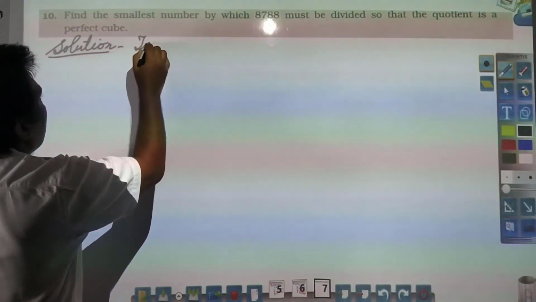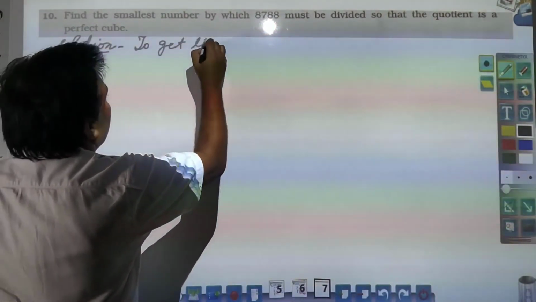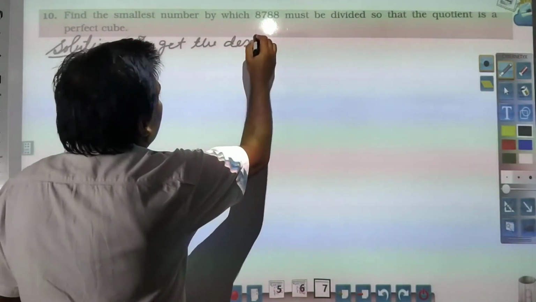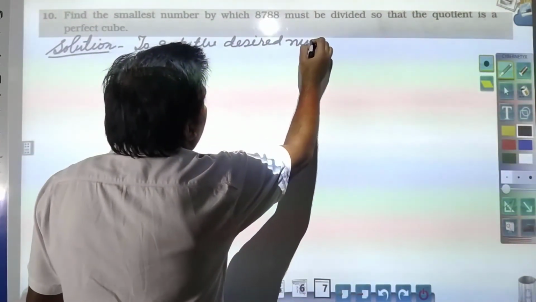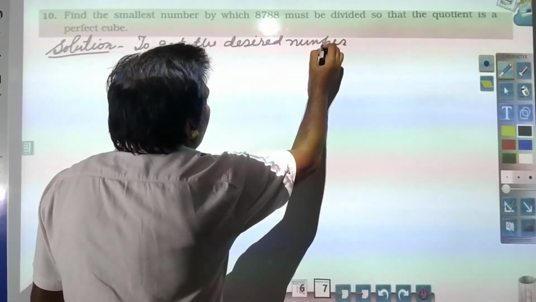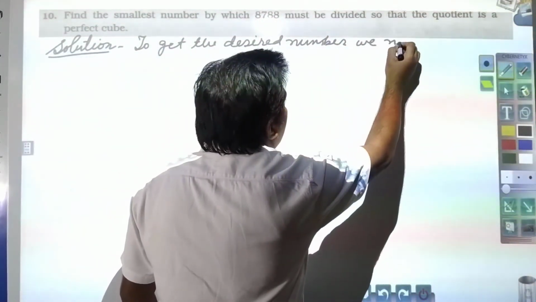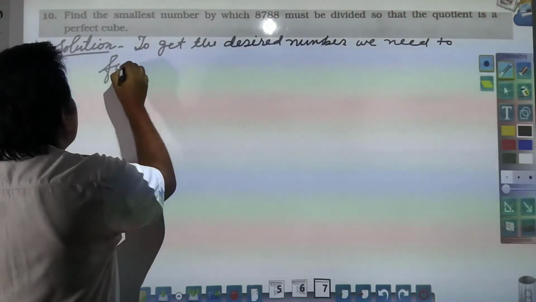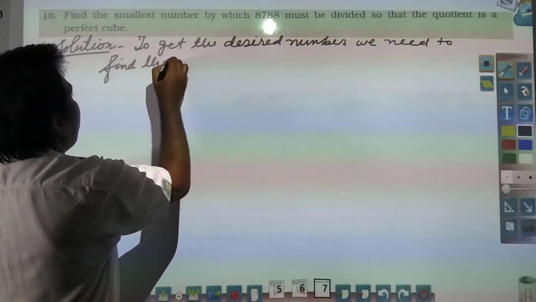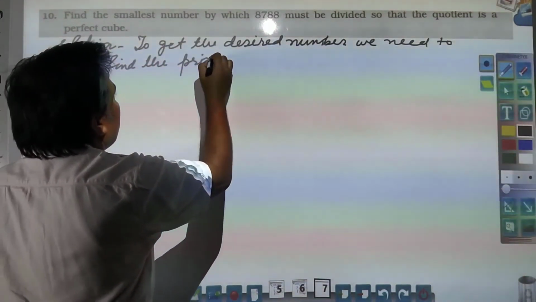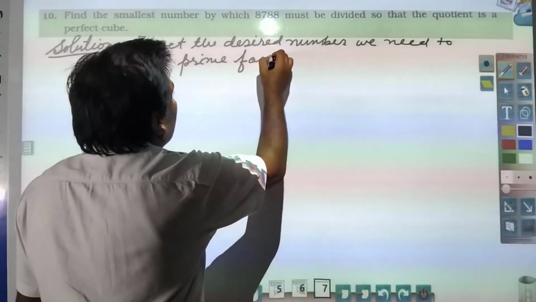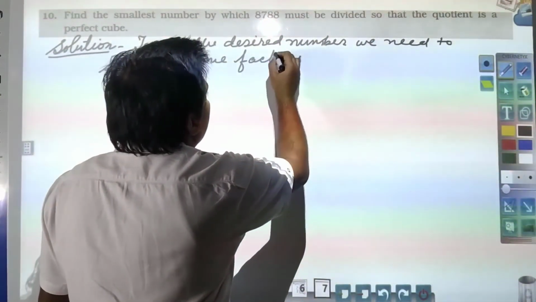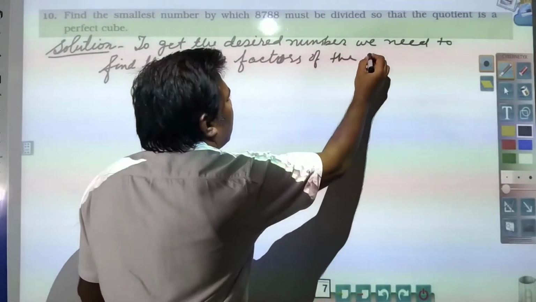To get the desired number, we need to find the prime factors of the given number.